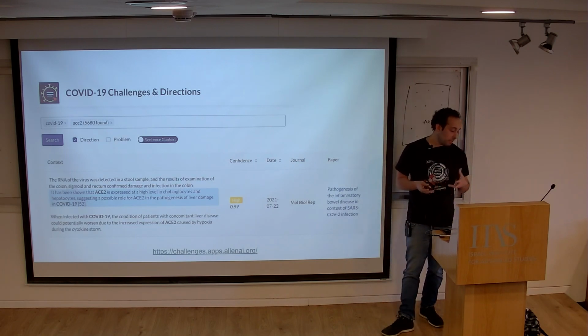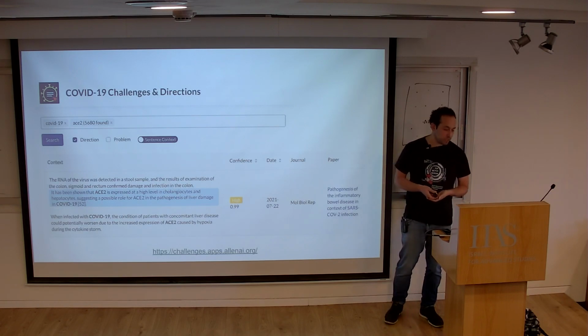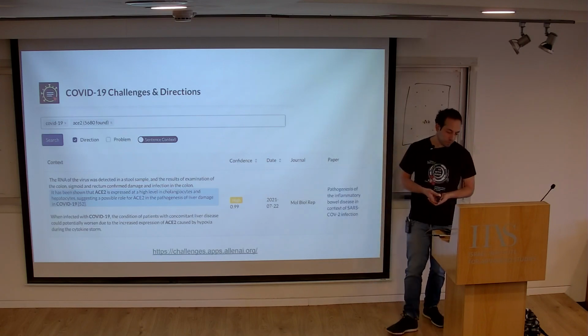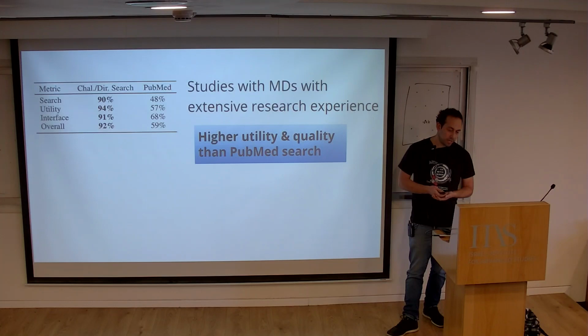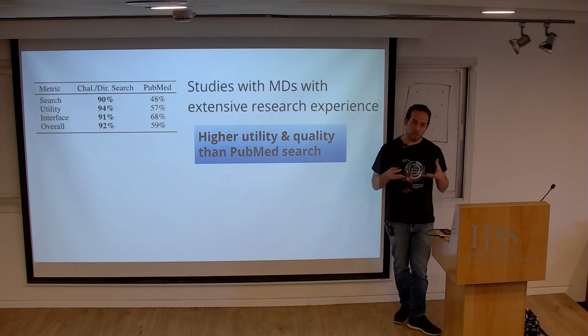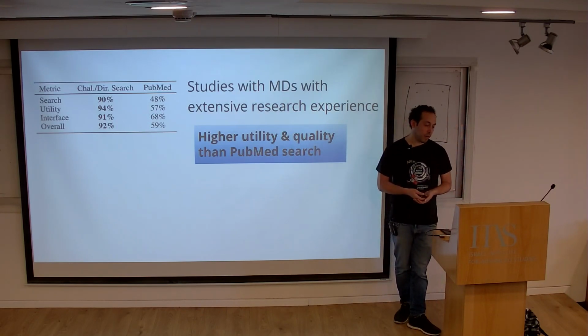And you can see, for example, a potential hypothesis that there may be a role for the ACE2 receptor in pathogenesis of liver damage in COVID-19 patients. So again, we gave our search engine to MDs with extensive research experience, and for this type of knowledge task, they found higher utility and quality than what they were able to find with PubMed.